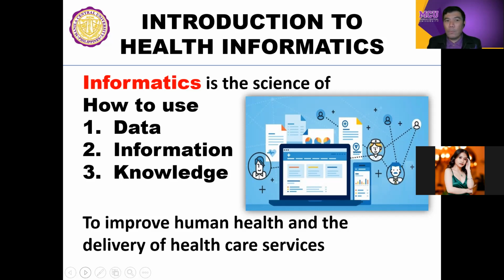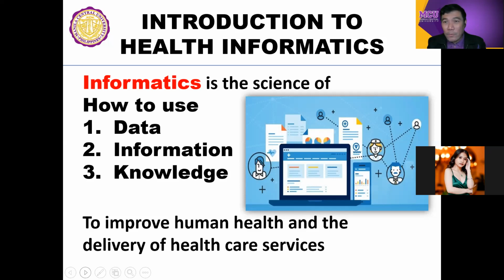Now, sir, how about if we are not using informatics? We are just using the manual way of gathering data, simply with the form that we have. If it is a form, that is just data. No information is reflected in the form, because you can identify there the data needed. So that is on the level of data. Once the person fills out the data, that becomes information to support the data.